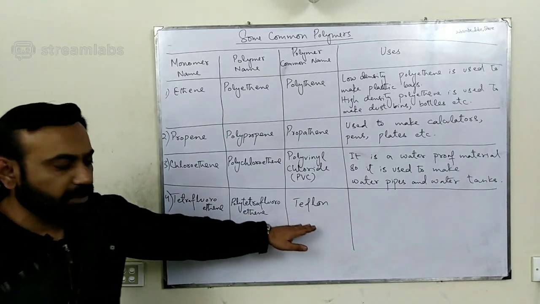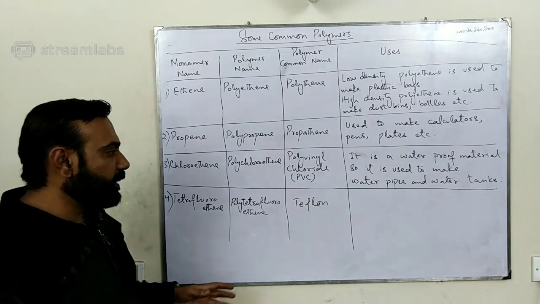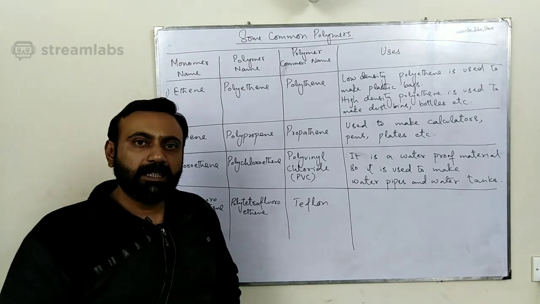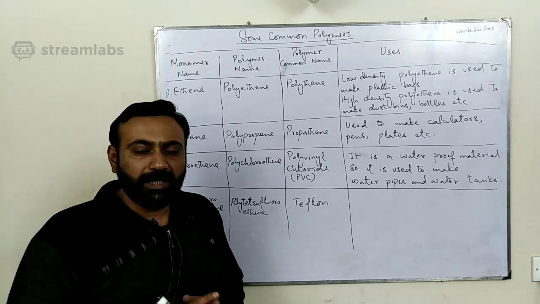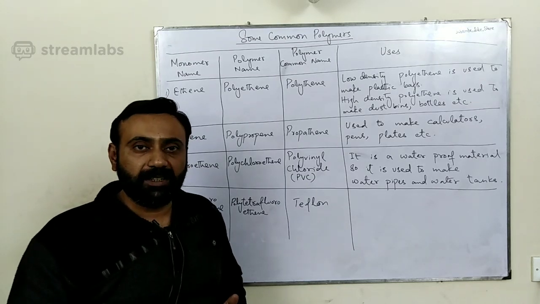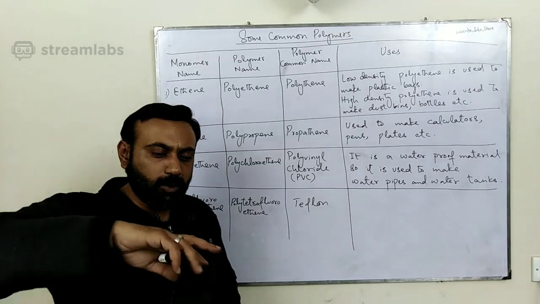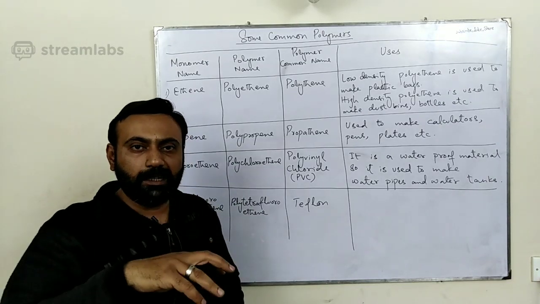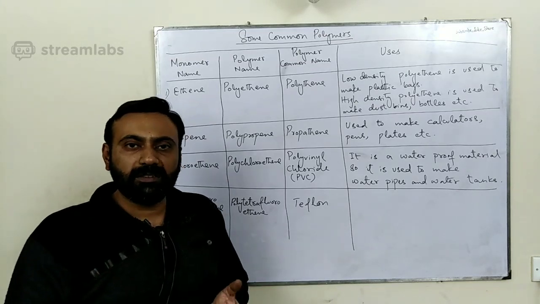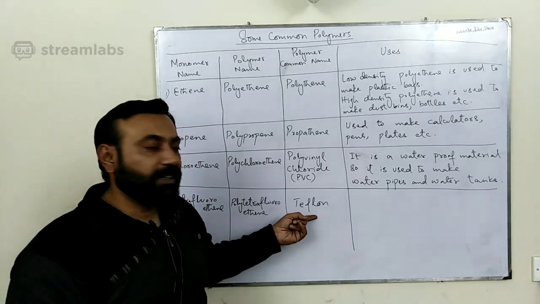You must have heard this term, Teflon. There are different types of utensils in your kitchen even right now. Some of the utensils that are used for cooking are non-stick. The cooking stuff does not stick on the surface of that utensil. That non-stick part of those non-stick pans is made up of Teflon.